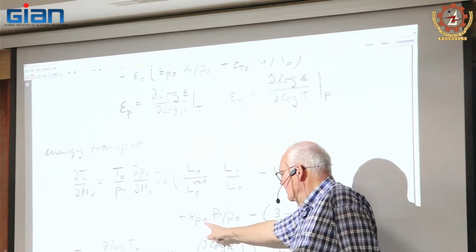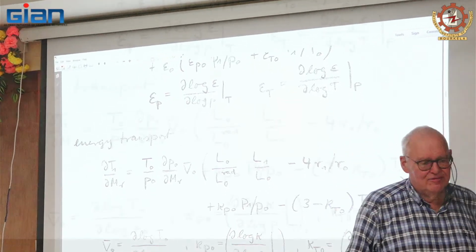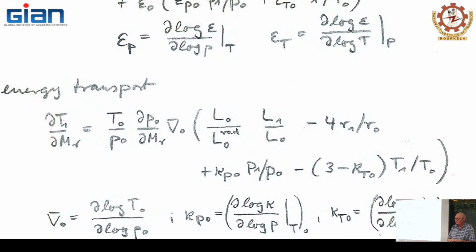This is kappa p, the logarithmic derivative of opacity with respect to pressure times the pressure perturbation, and an analogous term with respect to the temperature: the derivative of kappa with respect to temperature times the temperature perturbation.